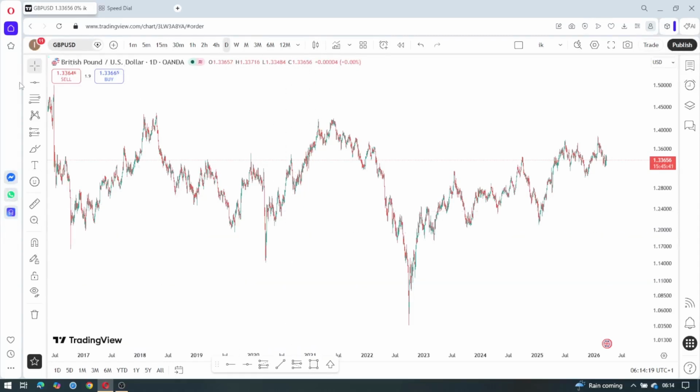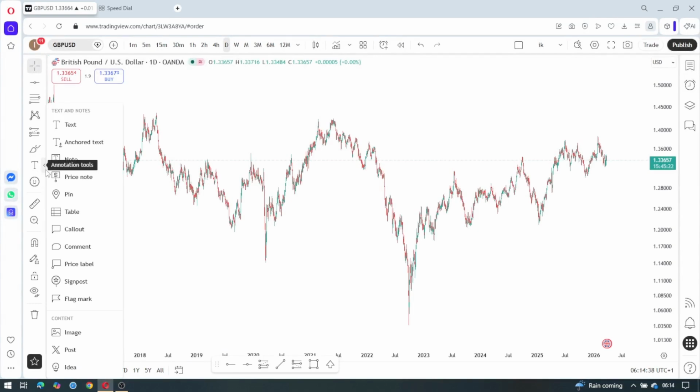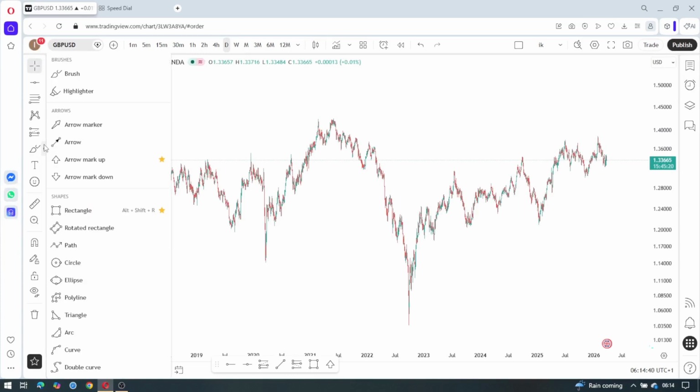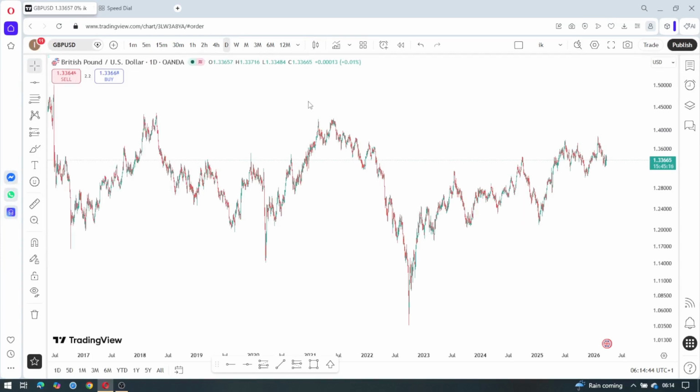Sometimes you'll be seeing a range, an uptrend, a downtrend, or something else. For instance, if you look at this place, let me pick a brush.